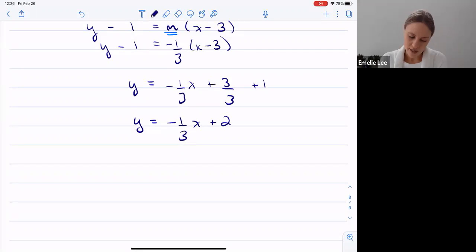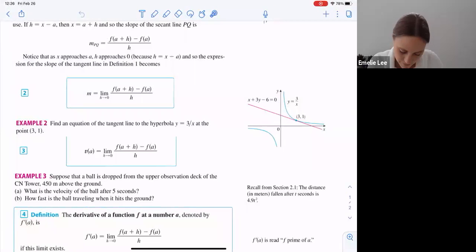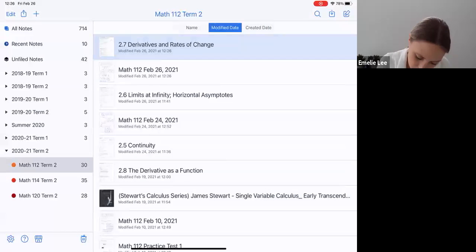So one thing that I wanted to highlight was, if we look at this example here, I've actually got the graph of it here, but it looks a little bit different.